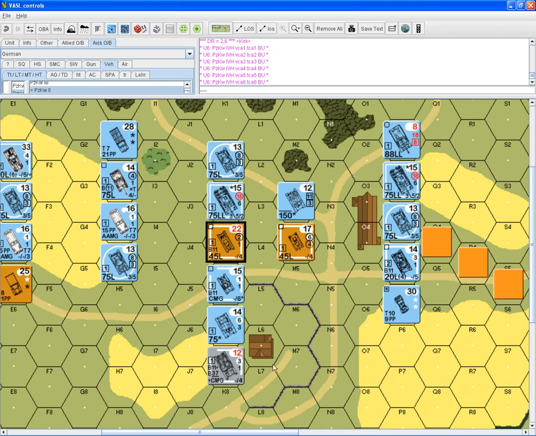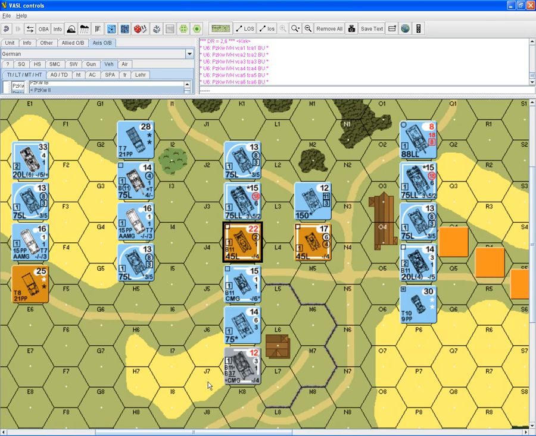What else have we not covered that I'm thinking about? So quickly again, just as an overview, the symbol up in the top right hand corner represents what type of vehicle it is. If it's an oval, it means it's a fully tracked vehicle. The numbers in the top right hand corner represent its movement points.